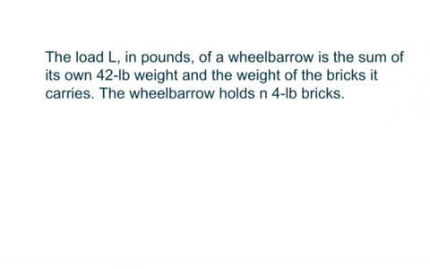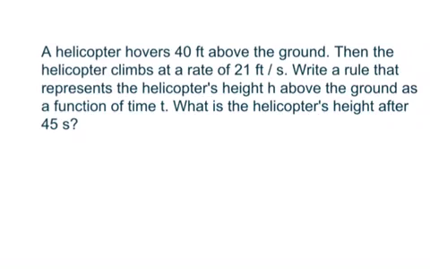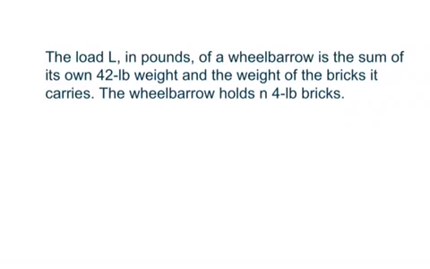Okay, this one. The load L in pounds of a wheelbarrow is the sum of its own weight, 42 pounds, and the weight of the bricks it carries. The wheelbarrow holds N 4-pound bricks. Okay, so total equals sum of parts.